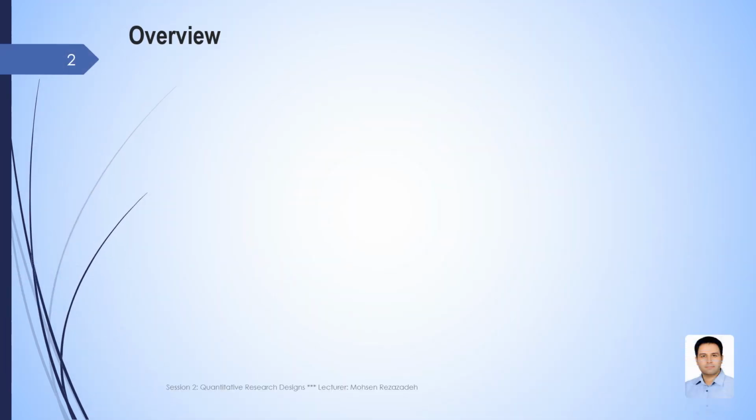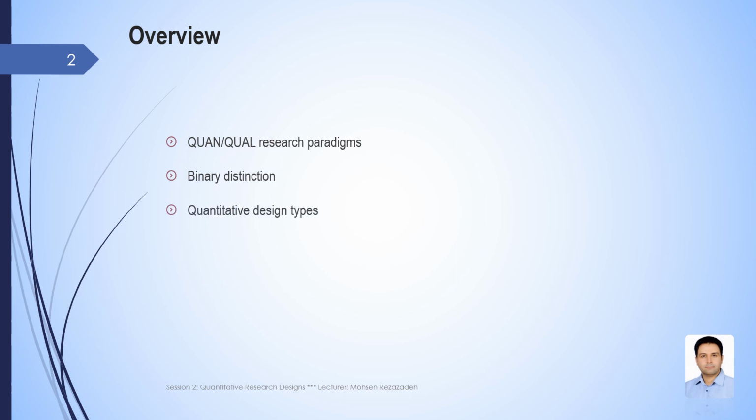In the previous session, we talked about quantitative and qualitative research paradigms and the binary distinction of quantitative and qualitative research. We also talked about different design types of quantitative research.